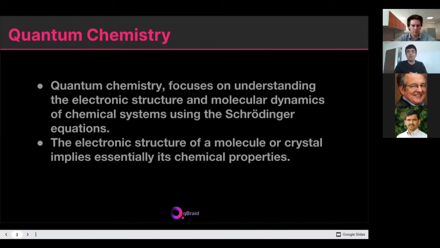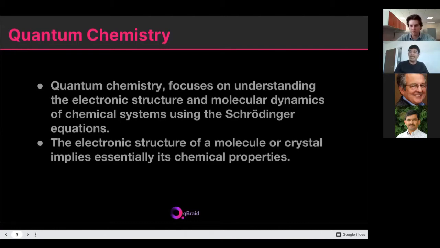Well, it turns out you can understand the electronic structure and molecular dynamics of chemical systems using Schrodinger's equation. So essentially, you can predict how two chemicals, or molecules, are going to react with each other, and you can predict various properties using Schrodinger's equation.